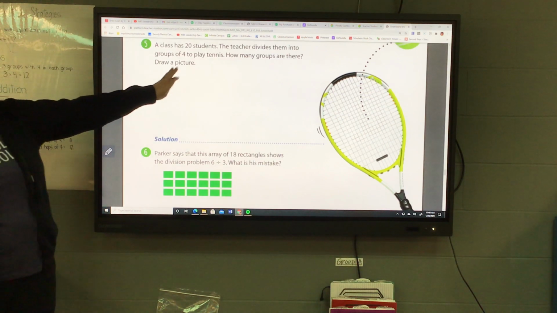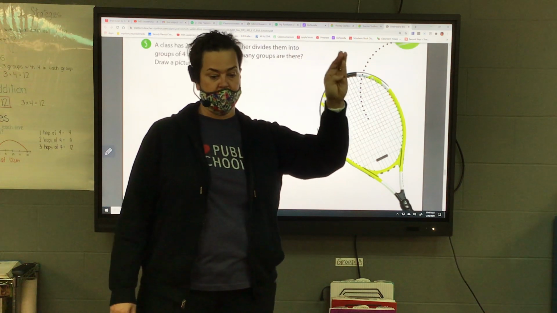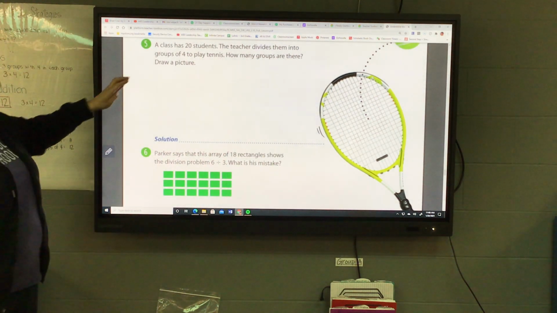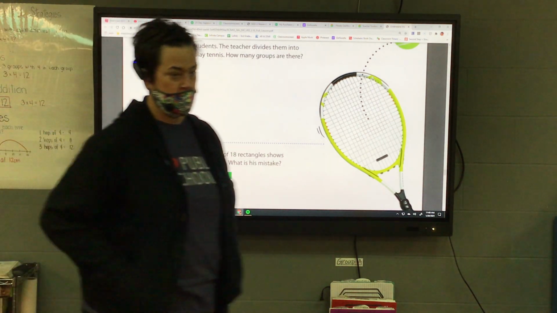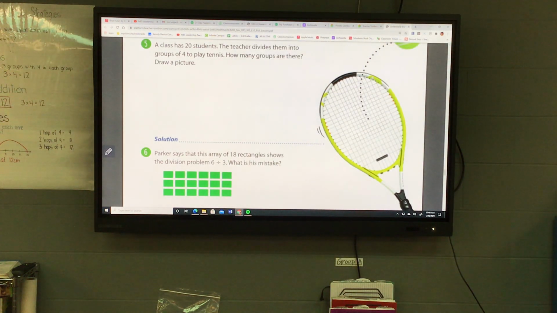There are groups of 4. So there's 4 in each group, right? You have to figure out how many groups there are. If there's 4 in each group and there's 20 students. Write a division equation that shows the work that you did.